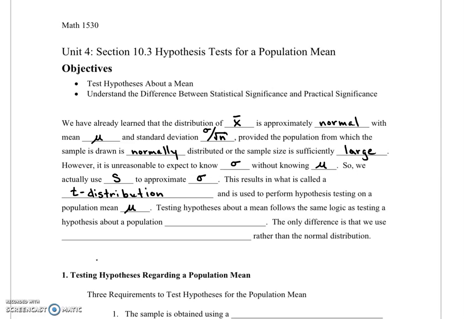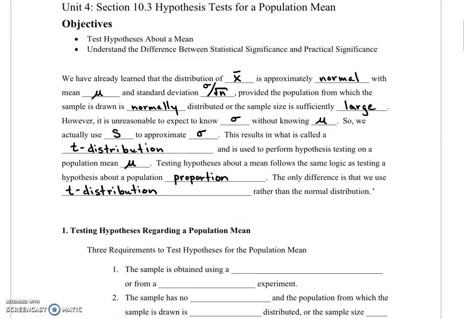Testing hypotheses about a mean follows the exact same logic as testing the hypothesis about a population proportion. The only difference is that we use the t-distribution rather than a regular normal distribution.